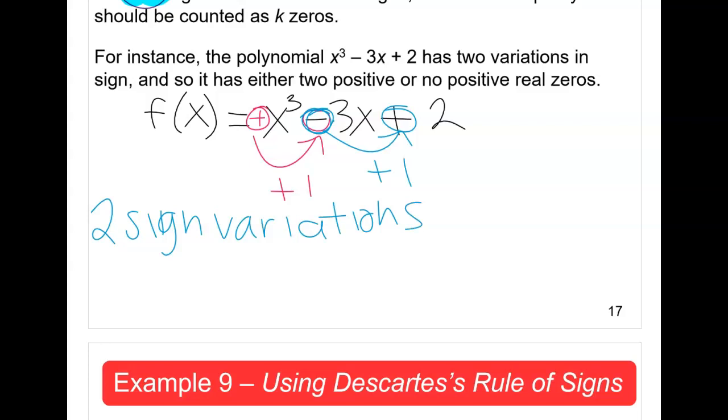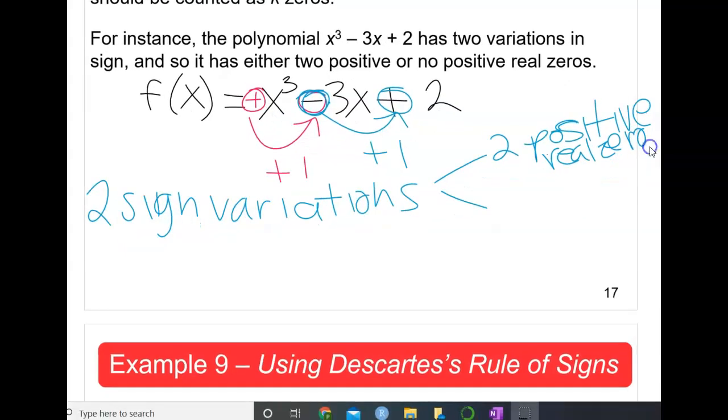So what this means is that we could have either 2 positive real zeros. But remember that part that says subtract an even integer. So if I subtract 2, 2 minus 2 will be 0, meaning like none.